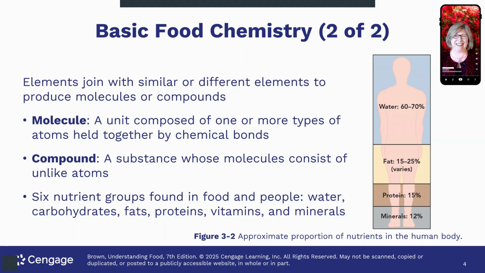What is missing here would be what? Carbohydrate and vitamins. And that's because the body does not store carbohydrate or vitamins in a large enough quantity to even show up on this chart. They're there, and as we will discuss, they're in smaller quantities.